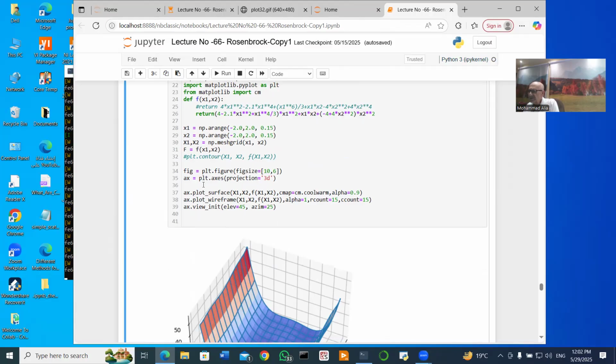In order to plot the figure, we define the figure object, we call plt. From plt, we call the figure and give an idea about the size which we want. On this figure, we also create the object of 3D axes by passing this word here, projection equal 3D, so that we can have a 3-dimensional axis.